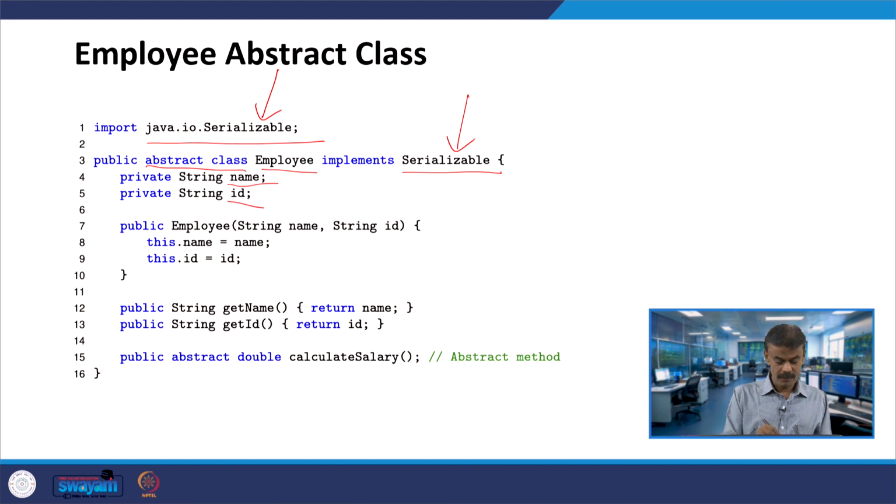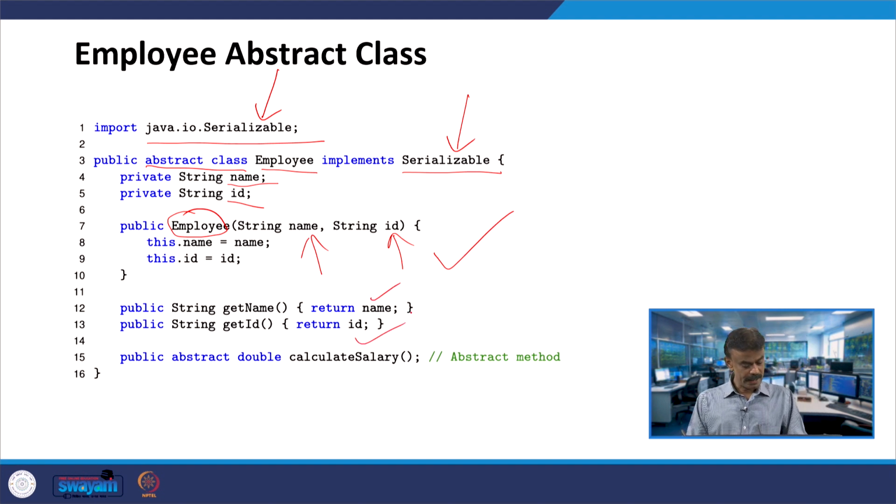Now you have a constructor, with name and ID as parameters. This example we have seen several times. Name is assigned to this.name and ID is assigned to this.ID. You have a method getName returning name and getID returning ID. And here you have the abstract method called calculateSalary. In further inheritance, this will be defined.